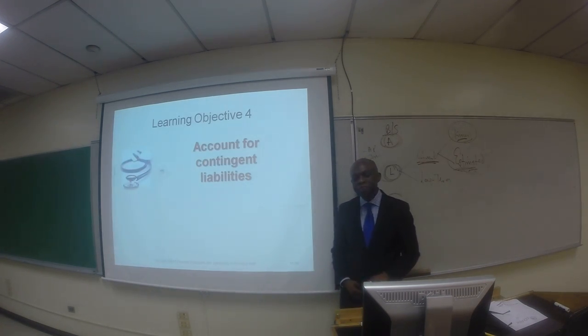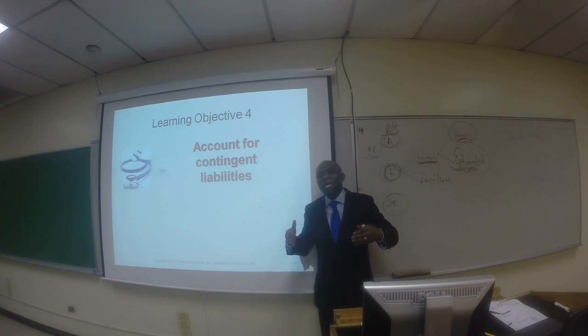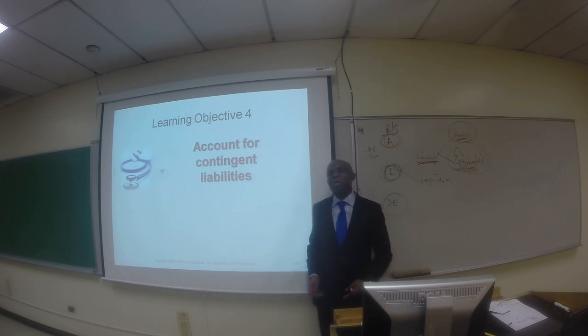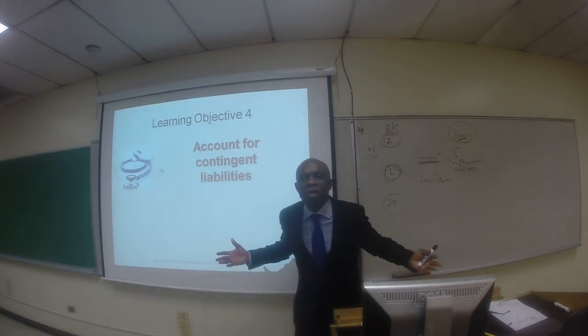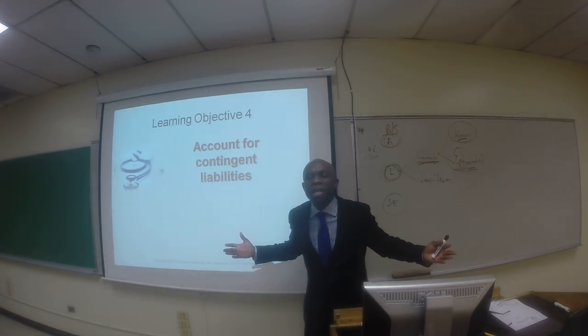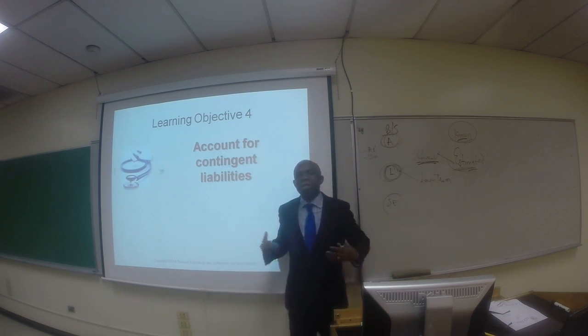Now, objective 4. Let's take a look at how to account for or record contingent liabilities. This is another type of liability. What are contingent liabilities? These are liabilities that are contingent upon the happening of something or something not happening. What do I mean by that? Let's assume that one of our truck drivers, if we have a trucking company, had an accident. And of course, what do you expect?